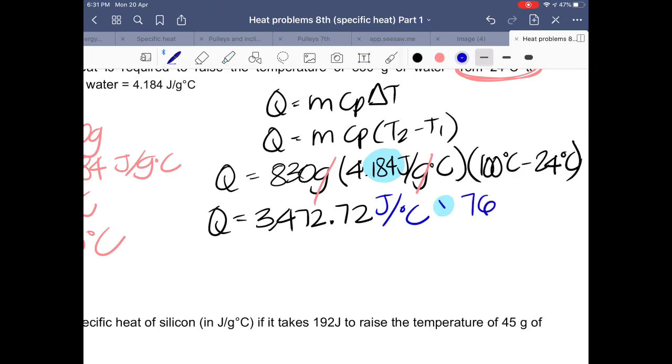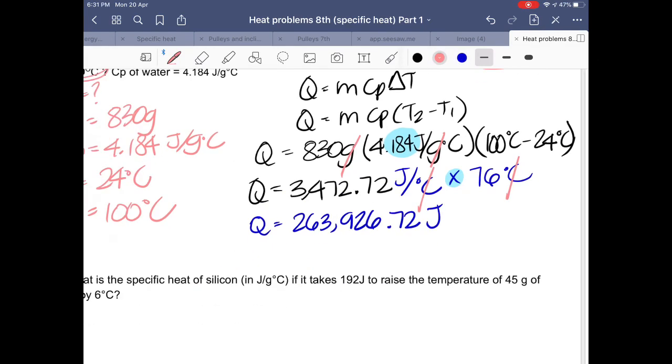Times 76 degrees Celsius. So you multiply it, and your answer is 263,926.72 joules, because you cancel degrees Celsius with degrees Celsius.